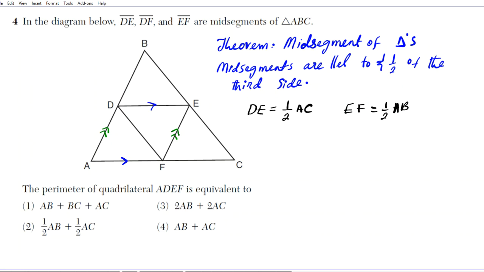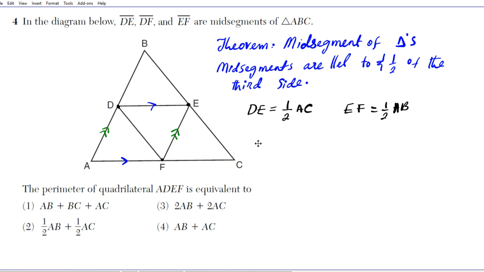Alrighty, now the definition of mid-segments. If these are mid-segments, basically these points practically bisect the sides that they're touching. Okay, so D and F are going to be midpoints. Since this is a mid-segment, this is a mid-segment, this is a mid-segment, these are midpoints.